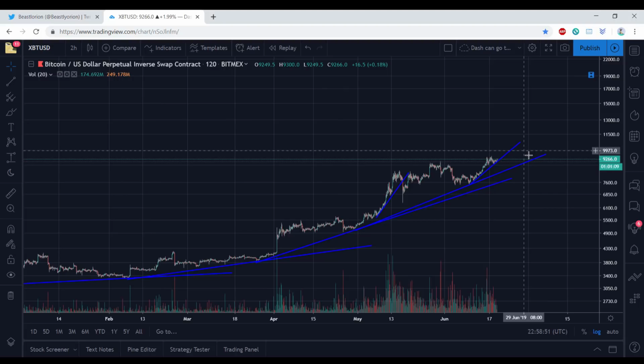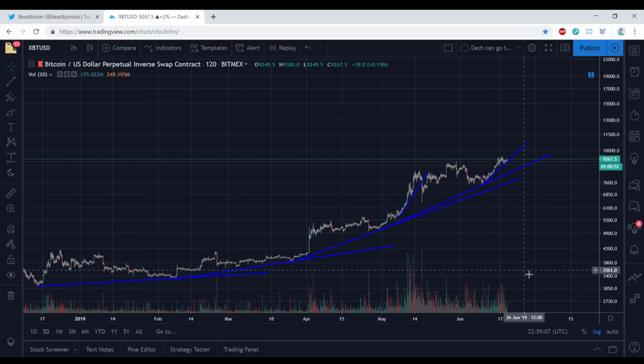So for us, maybe that won't mean anything because we try to numb ourselves to those things. But when the normies, so everyday people, start to hear, oh, Bitcoin's over 10K again, that's going to be a big trigger for average people to start getting back in again. So I'm really hoping that happens, and then we could see another parabolic move up.